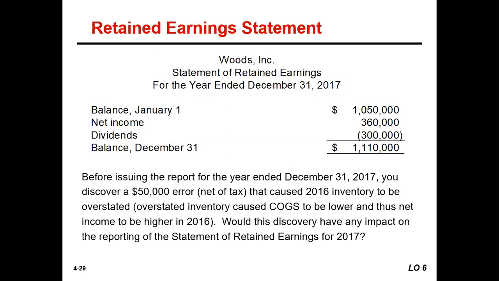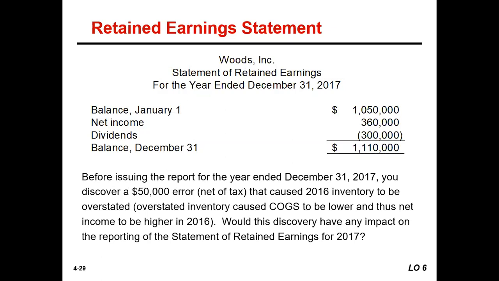Well, yes, because if we overstated inventory, that caused cost of goods sold to be lower. When cost of goods sold is lower, that results in a higher net income and would have resulted in a higher retained earnings, right?